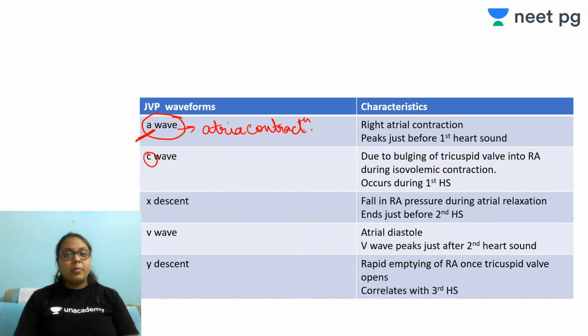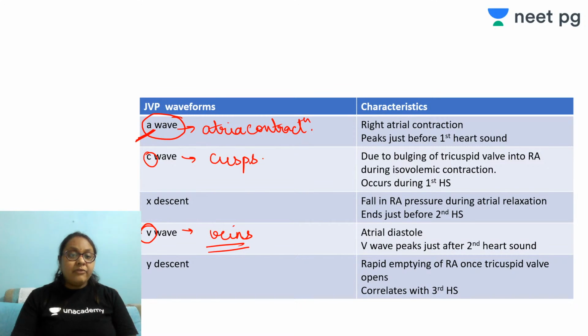Everything I'll be talking about will be according to the right atria. What will you remember from C? I'm talking about the cusp. And from V? I'm talking about the veins. So it will be easy for you.